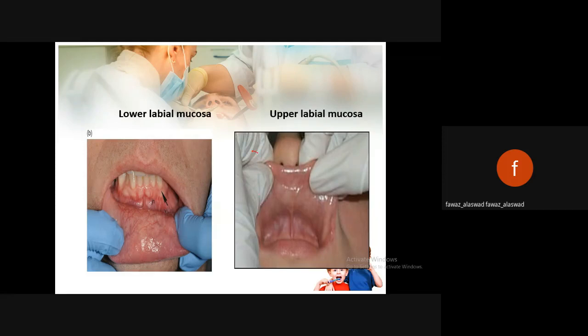This is the index finger, and this is the thumb. We are evaluating the upper mucosa. Then after that, we use bidigital palpation of the tissue of the lip. You have a visual examination, and try to move the tissue from one side to another. And here we can examine the frenum.